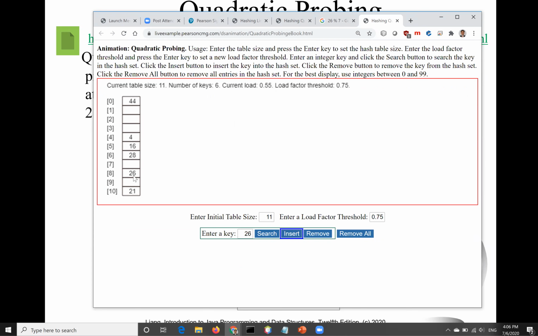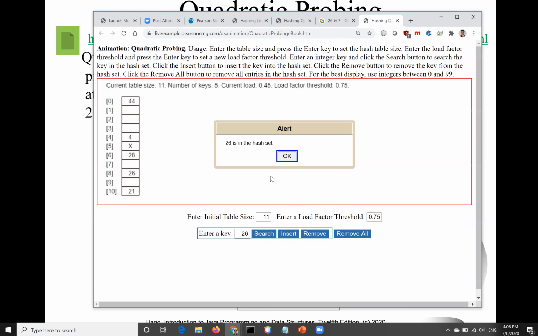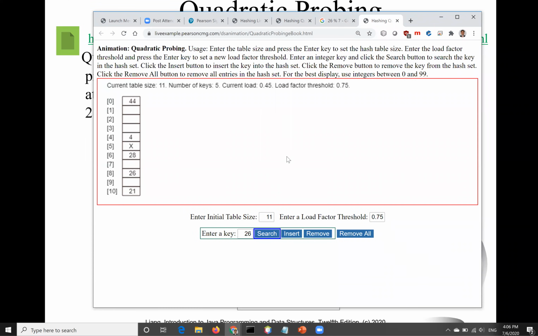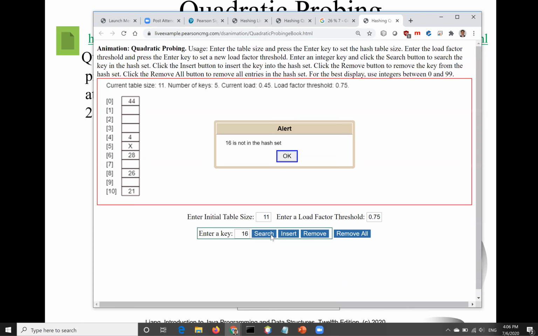So that's the location. All right, so let's delete 16. So 16 is deleted. Let's do a search for 26, and 26 is in the hash set. Let's search for 16. 16 is not in the hash set.